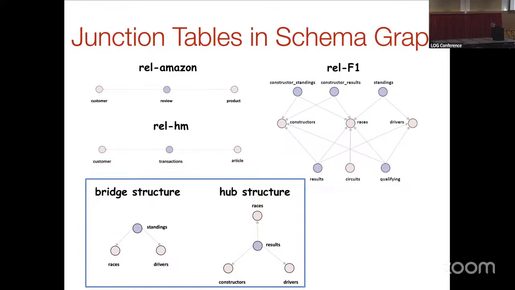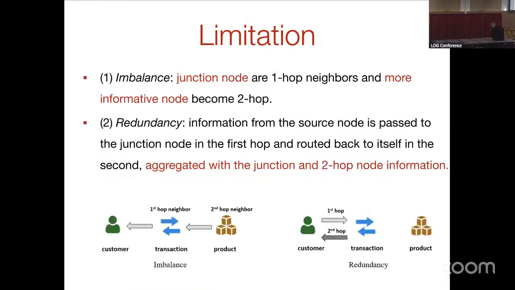This may be because of the standardizations of how databases are defined and constructed in terms of the schema, but it may pose certain challenges in terms of the information that we may want to model more efficiently. Because of these junction tables and additional tables which model many-to-many relationships, there are a couple of limitations that can be observed.